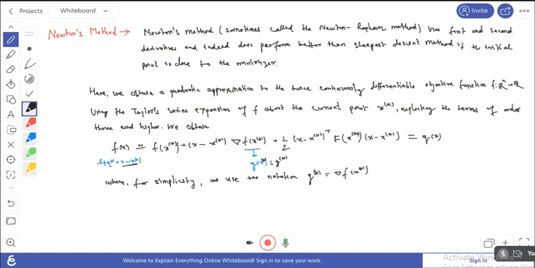If the Hessian is greater than 0, then your function q achieves a minimum. So if the Hessian at point xk is positive, then q achieves a minimum at your point x.